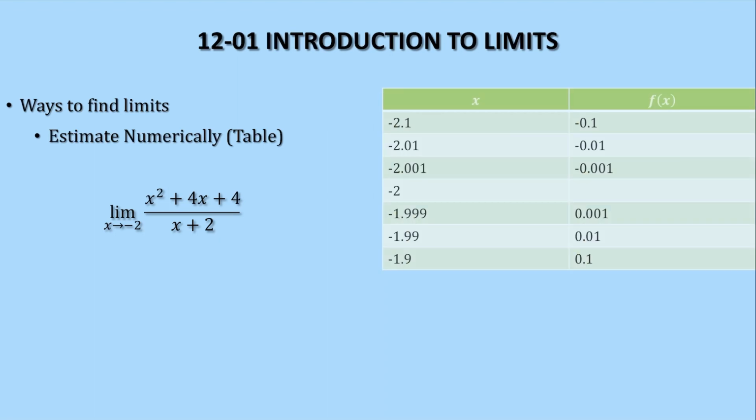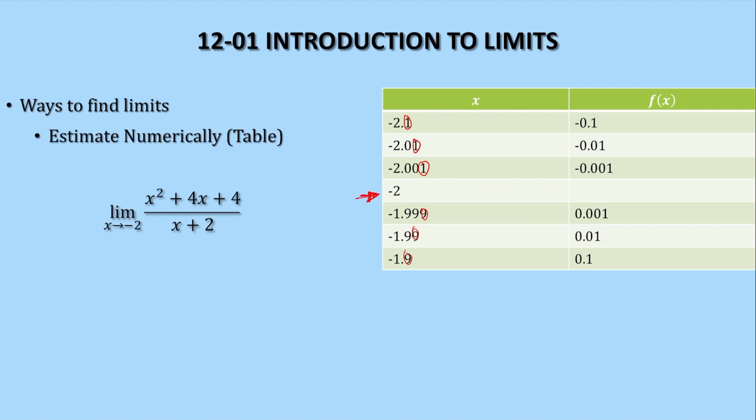So what we could do is make a table. Notice though the table is somewhat logarithmic. So here I'm 1,000th off, then 100th off, then 1/10th off, in the same way in both directions. So here's the -2, and I go both above and below it, but I go by powers of 10.